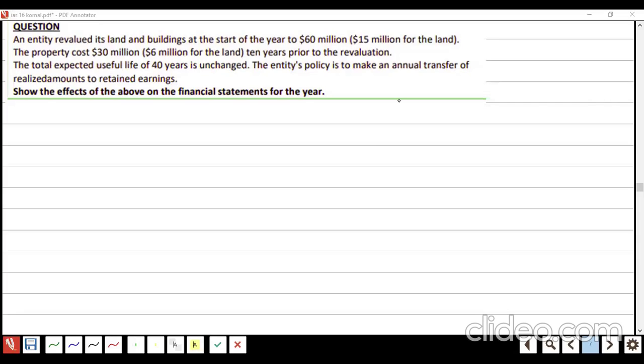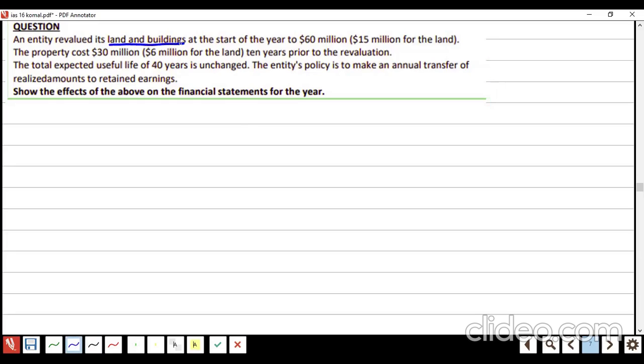Okay, no problem. So land can never be depreciated. Am I right? Okay. Now there is a problem. The problem is that land and building property is combined here.